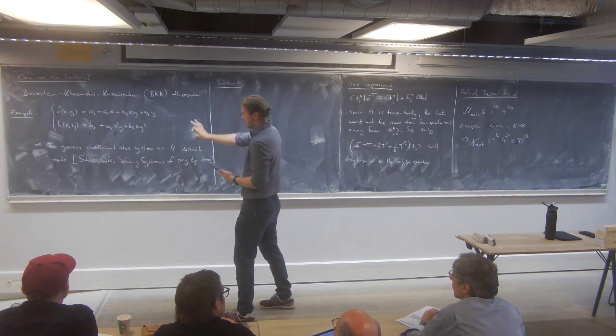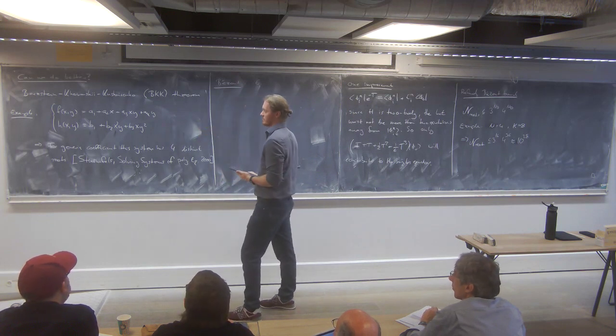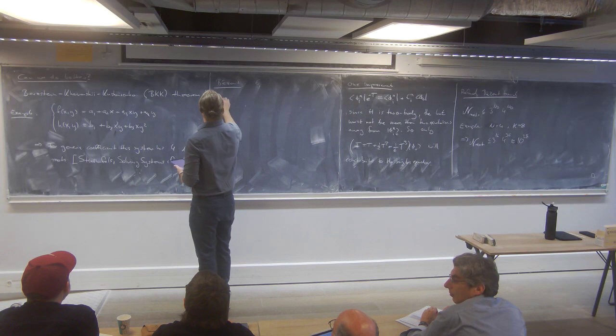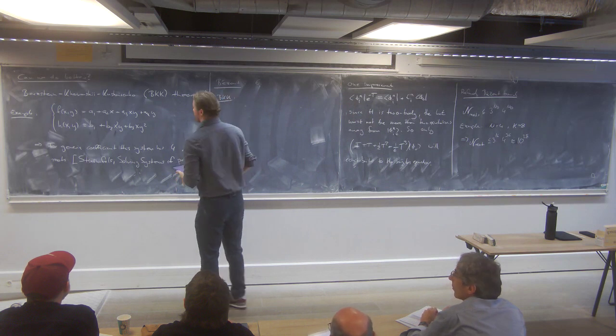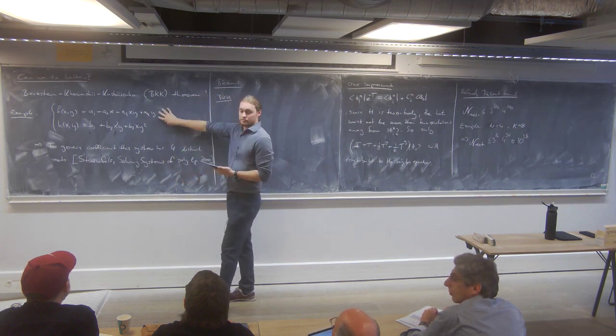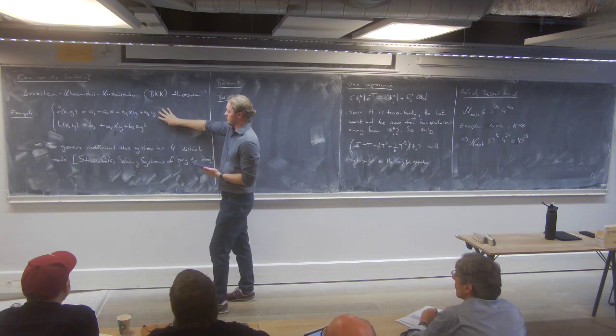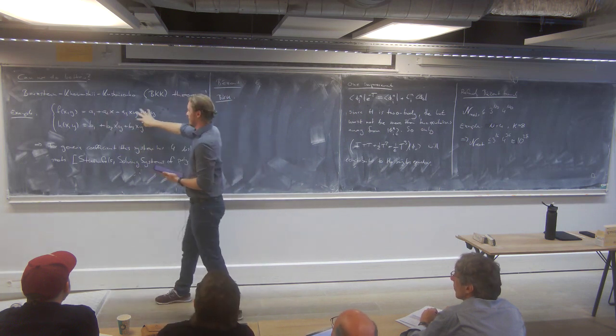Now, the game of the BKK theorem is the following. We write down our polynomial in its monomial basis.